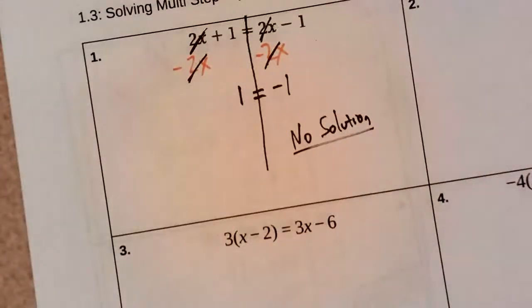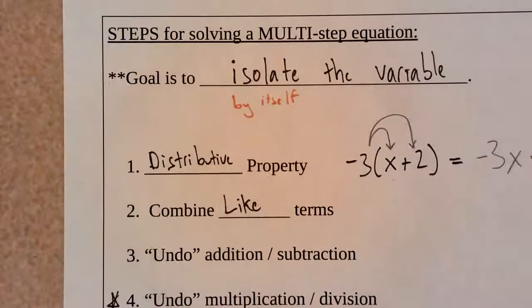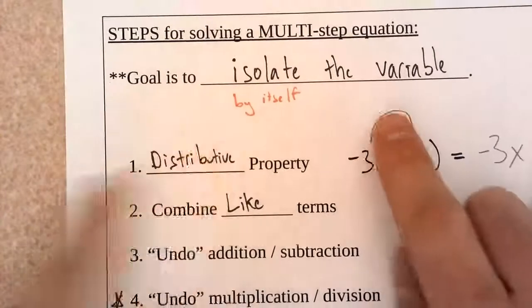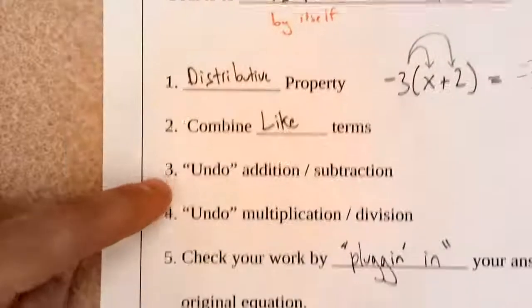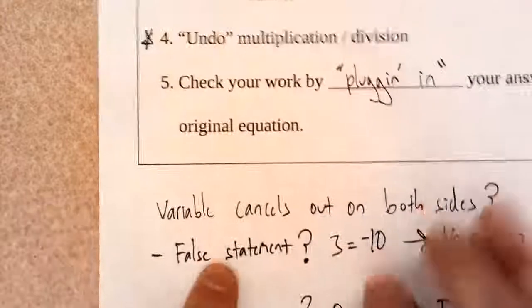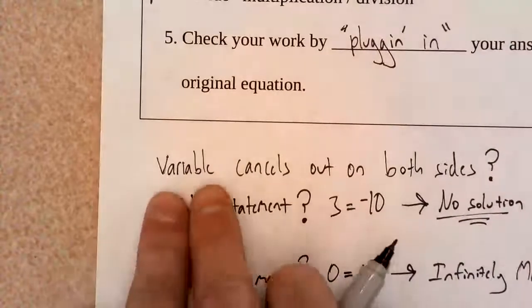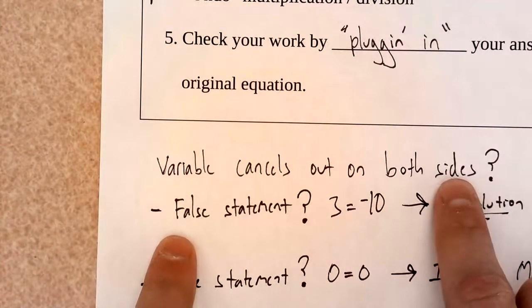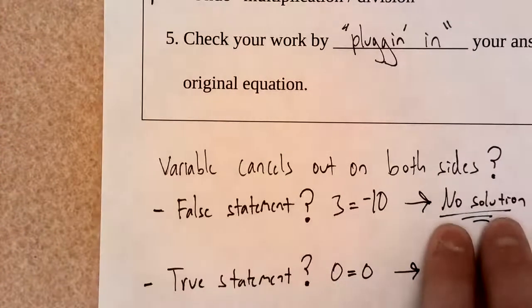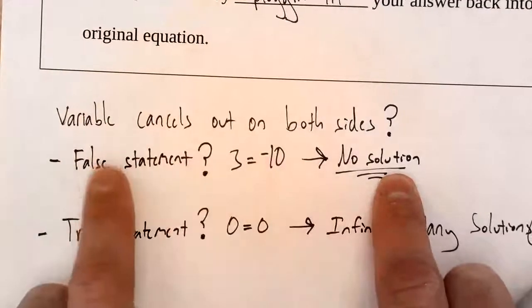I've actually added a little something to our note sheet. As always, the goal is to isolate the variable, and here are our steps. At the bottom, I added this note. If the variable cancels out on both sides, you're left with either no solution, like that example I just showed you.